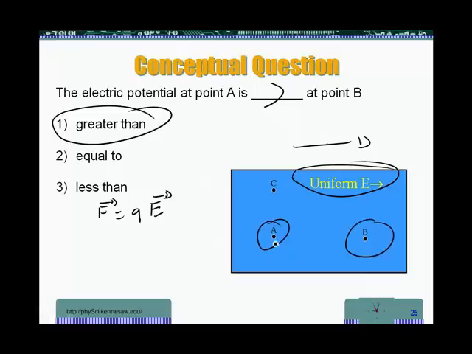Now, if I'm going to move a charge Q from point A to point B, I'm going to exert that force F, and move it a distance, let's call it D. So the work done to move the charge is going to be equal to QE times D.